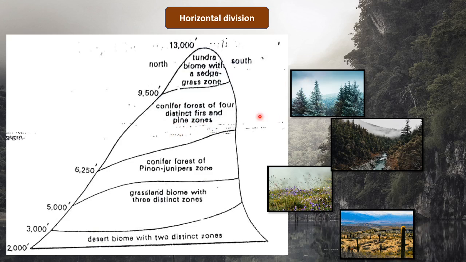So as you reach the top, you will see more snow accumulated over the trees, because as you move towards the top, the environment becomes colder, and due to that there would be more snow, and therefore you can see trees that have more accumulation of snow, right? So this is at 9500 feet.